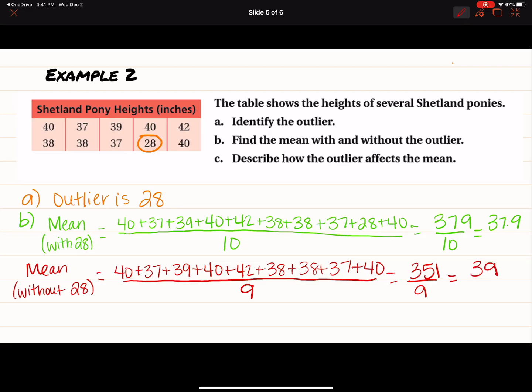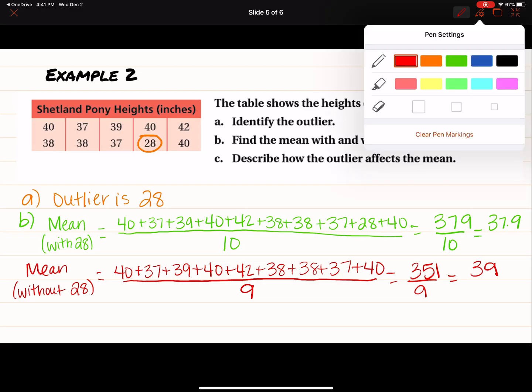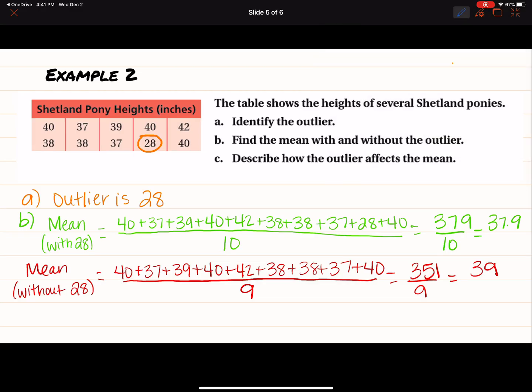It says, describe how the outlier affects the mean. Well, my outlier was smaller than the rest of my data, so it made my mean smaller. And this one wasn't super significant.